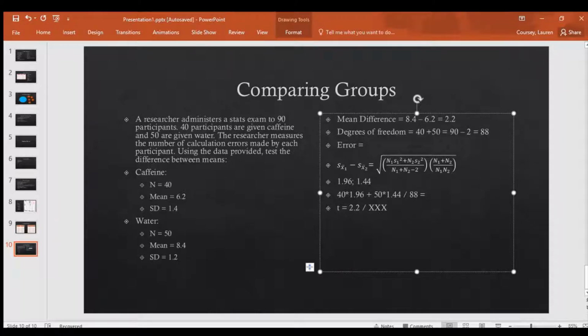Okay, so we have 40 times 1.96 plus 50 times 1.44. We want to divide all of that by 88, and so we get 1.71. And then we would multiply that by this equation here.